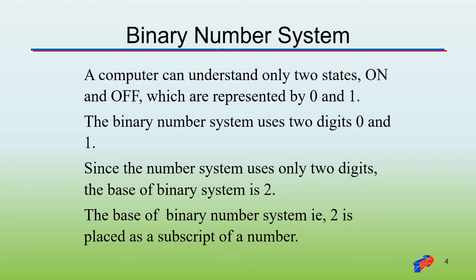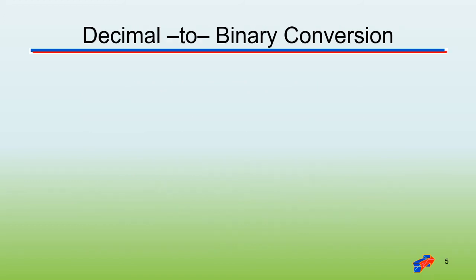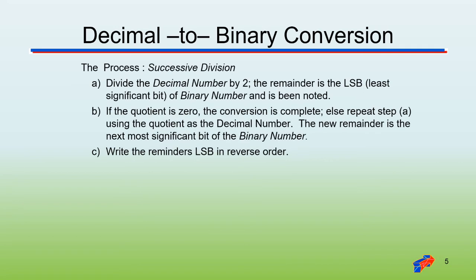Now we are going to the next topic, that is conversion of a number system. The first one we are going to learn is decimal to binary conversion. How can we do decimal to binary conversion? The process is known as successive division by 2. Now how can we do that? Divide the decimal number by 2. The remainder, that is the least significant bit of a binary number, is noted down.